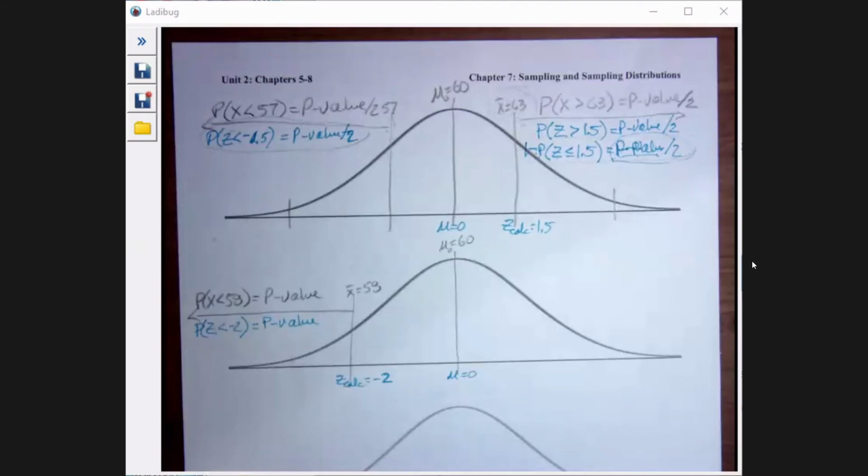And actually, without even calculating it, can you tell me approximately what that p-value is going to be?